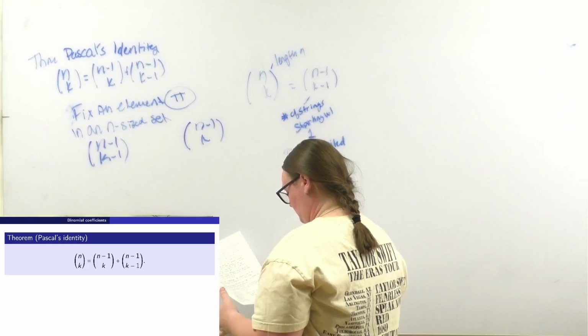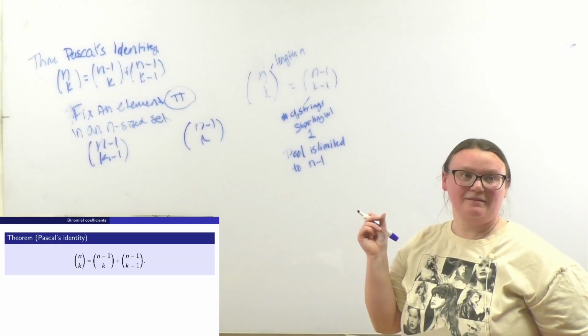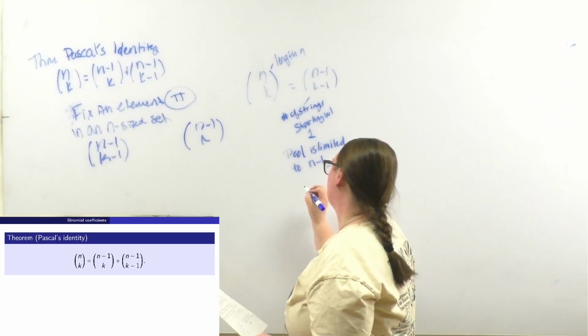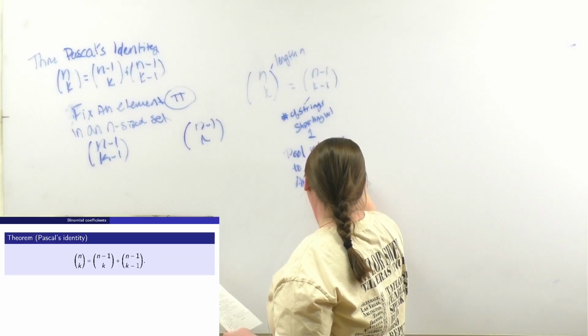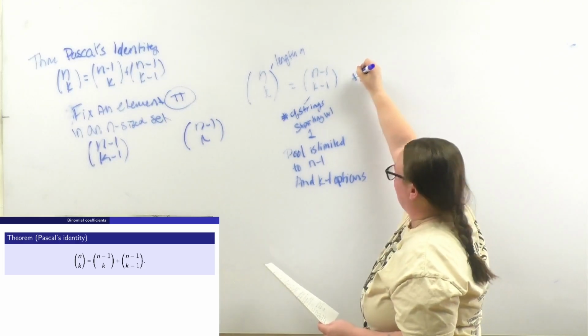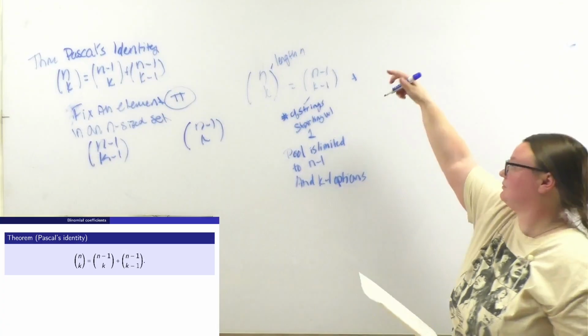Okay. And then since the first thing is a 1, we have k minus 1 options. And we want to, let's see, now we need to start with 0.